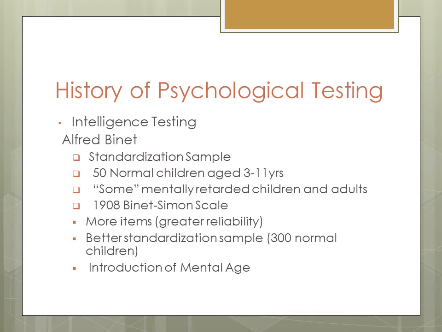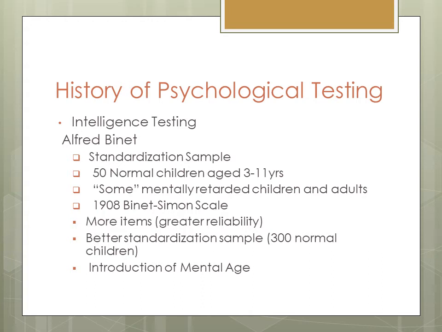All right, like what I mentioned a while ago, Binet was known for the Binet-Simon scale. But before that, as stated here, Binet himself made a standardization sample of 50 normal children ages 3 to 11. So he was able to identify that some are actually mentally retarded, both in children and in adults.